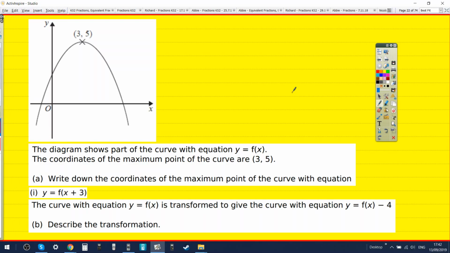Direction, curve, equation. Coordinates for the maximum. I'm not sure really. Write down the coordinates of the maximum point of the curve with equation.